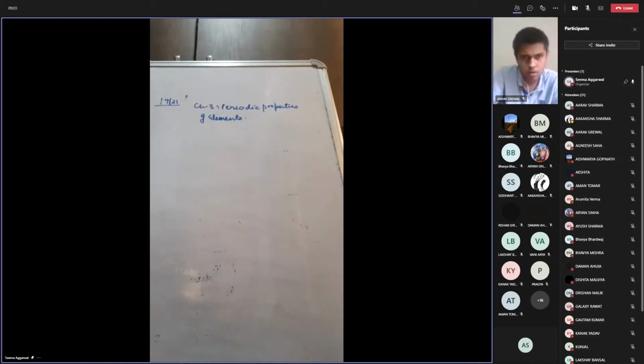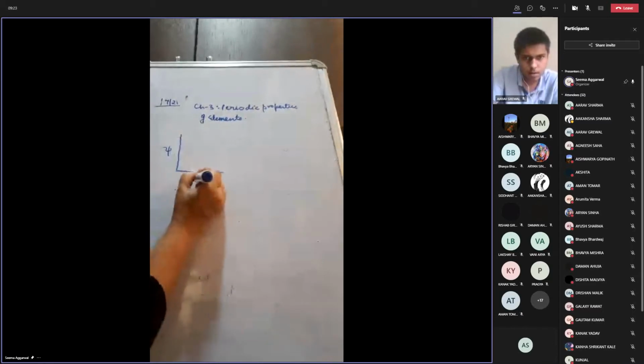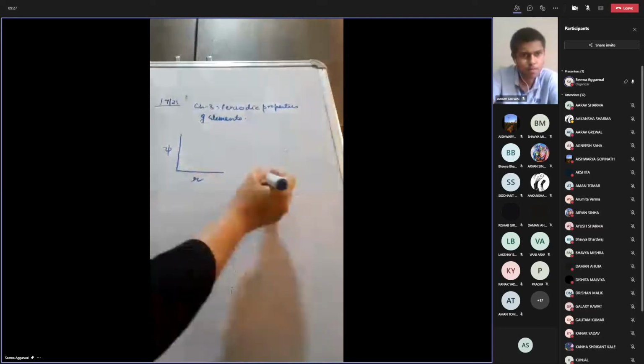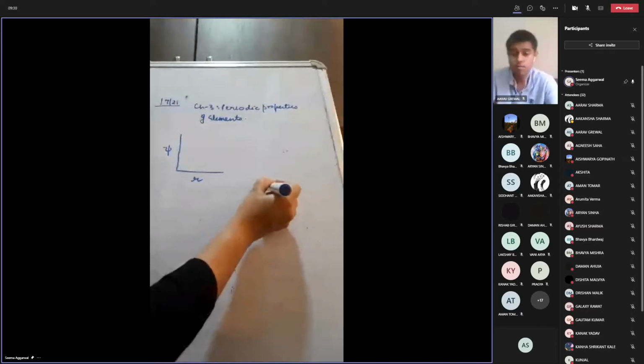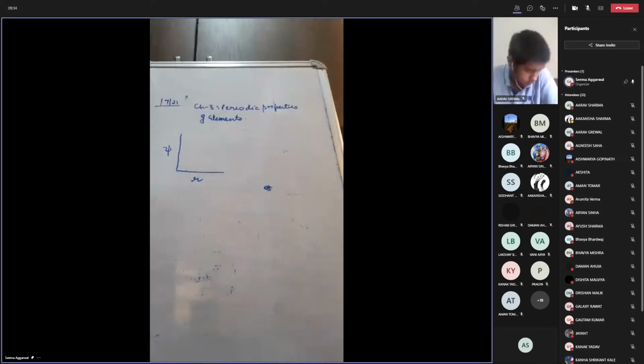Now see, in the case of wave function psi versus r, basically I told you that psi square gives the probability of finding an electron. So if you are plotting a curve between psi and r for the s orbital, as it is spherical in shape, near the nucleus there is maximum probability of finding the electron, and as we move away from the nucleus, the probability decreases.